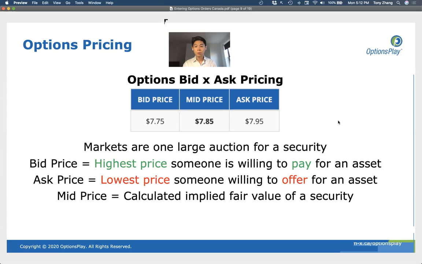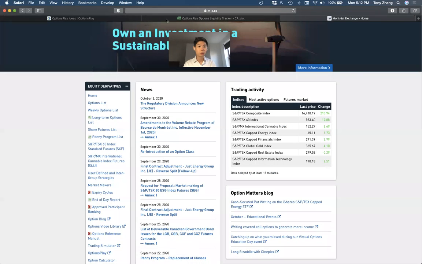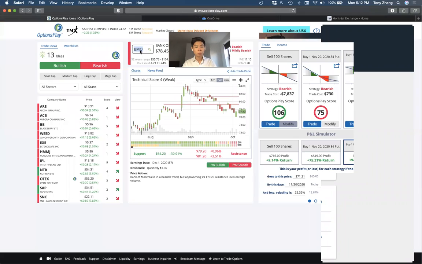Jeff, your question about how do I access OptionsPlay, I hope that I answered that for you. Can you look at BlackBerry and its liquidity? So Rai, you have access to the report. It's not difficult to use, but if I'm not mistaken, the symbol for BlackBerry, is it BB in Canada?